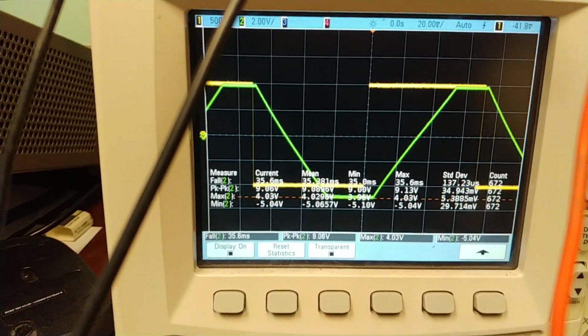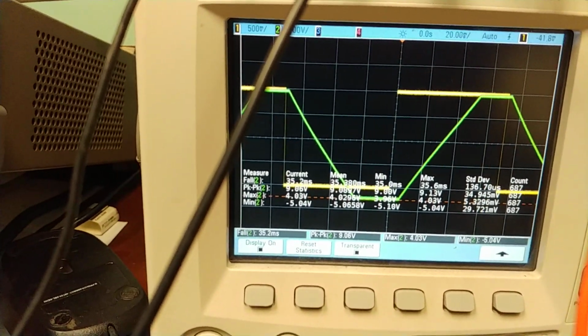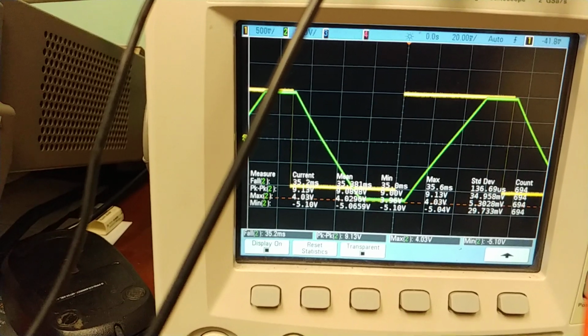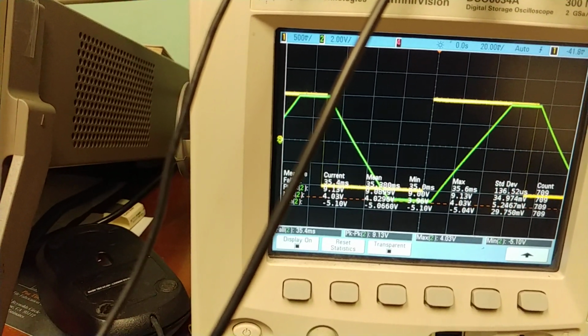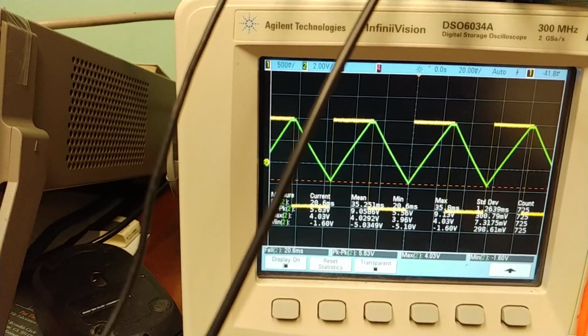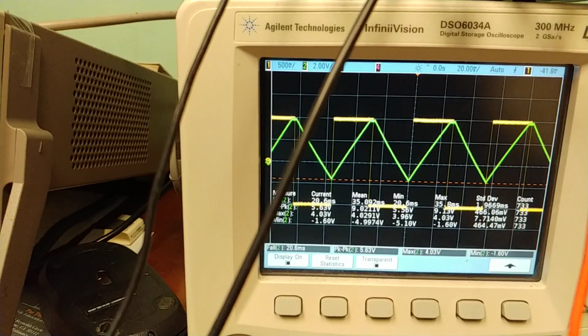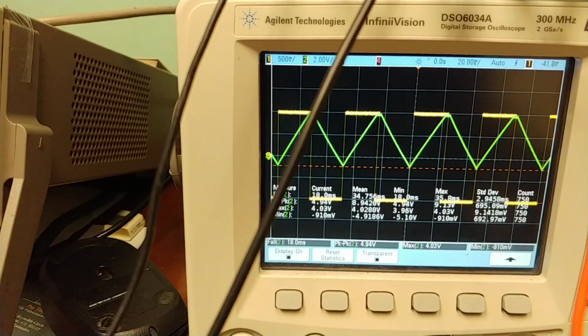The other thing you can notice now is that when the voltage is high, our slope is going up, and when the voltage is low, our slope is going down. Now, just to reiterate, if I speed this up, I'm not going rail to rail, and that'd be okay.